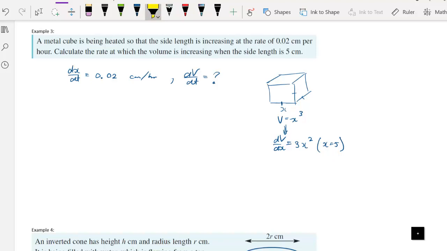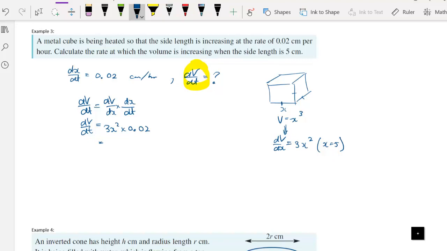So we want it in terms of the rule that we had, which is dV dt is equal to, split our dV and our dt, and we fill in our third variable dx. dV dt is what we're trying to find, dV dx is 3x squared, and dx dt is 0.02.